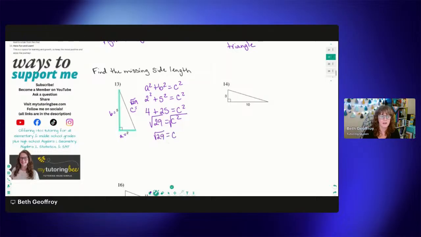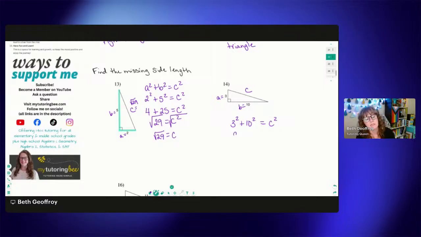All right, let's try another one over here with number 14. Again, it looks like we've got the legs of the right triangle. So that's going to be our A and B. So we'll do 3 squared plus 10 squared equals C squared. Again, we're looking for C, so we don't know what that one is yet, so we're just going to leave that as C squared.